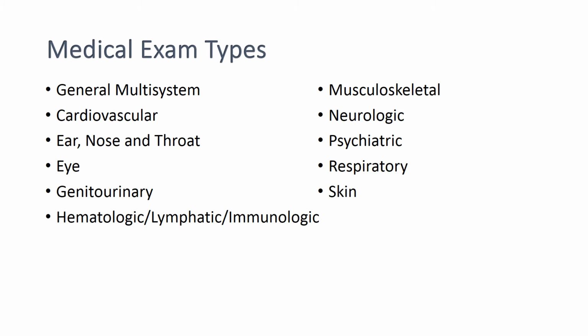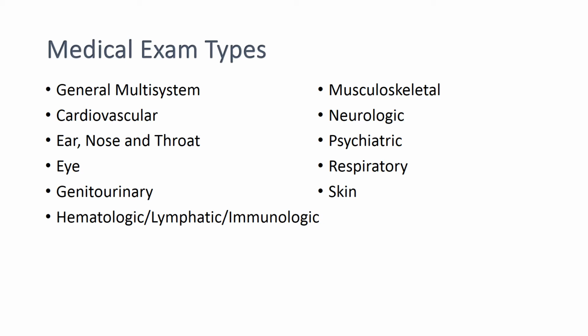We're going to go on to the physical exam section. The 1997 guidelines document a wide range of physical exam subtypes, such as a cardiovascular exam, an eye exam, a psychiatric examination.